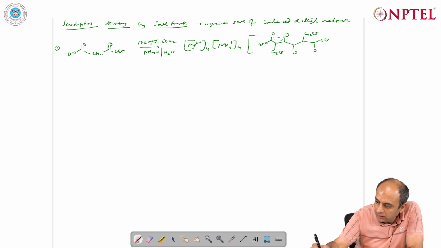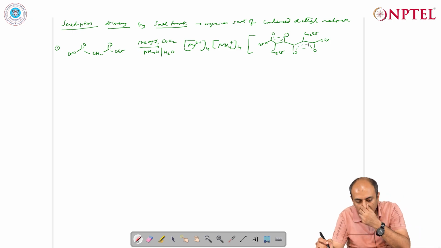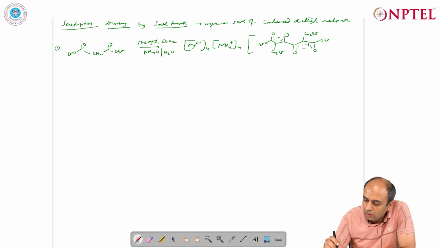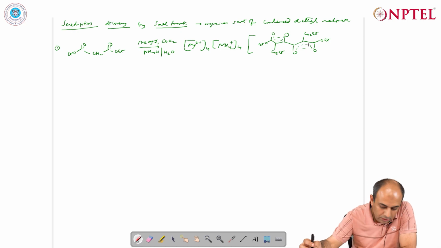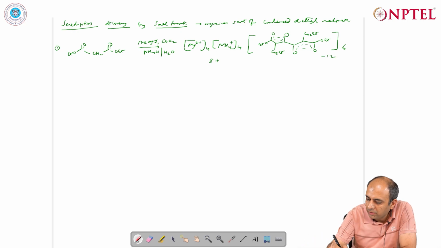this is the delocalized negative charge which is present here, and this is 6 such units. So this is minus 12, this is 8 plus 4, this is 12. So in total it is electrically neutral.